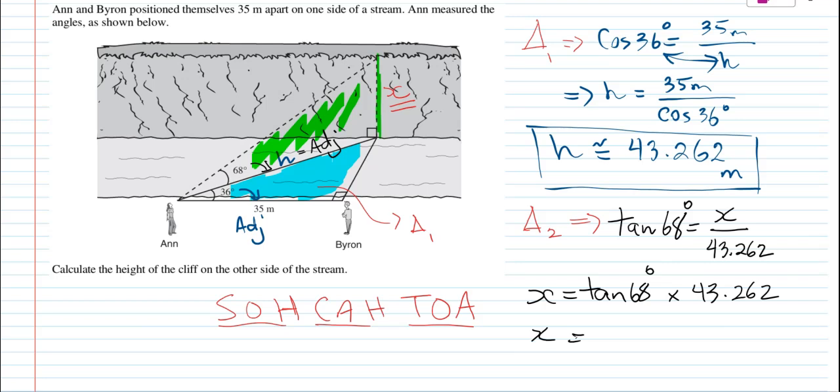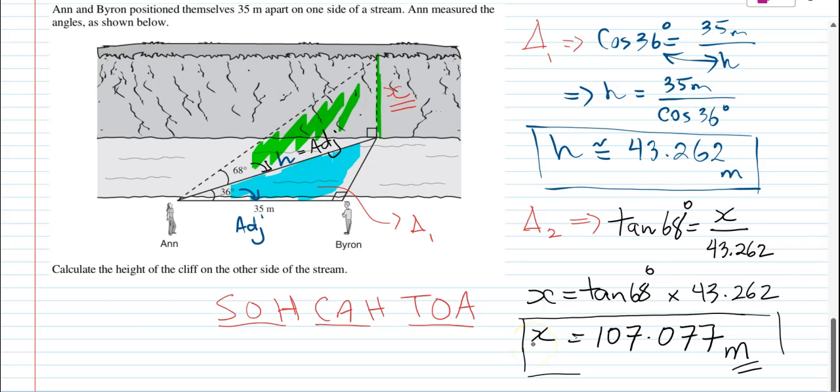So what is the value here? It equals 107.077 meters. I stopped the calculation at 3 decimal places, but you can continue if you want to, or you can round it down to 107. That's acceptable as well, but be careful with the rounding. And that is the height of the cliff on the other side of the stream.